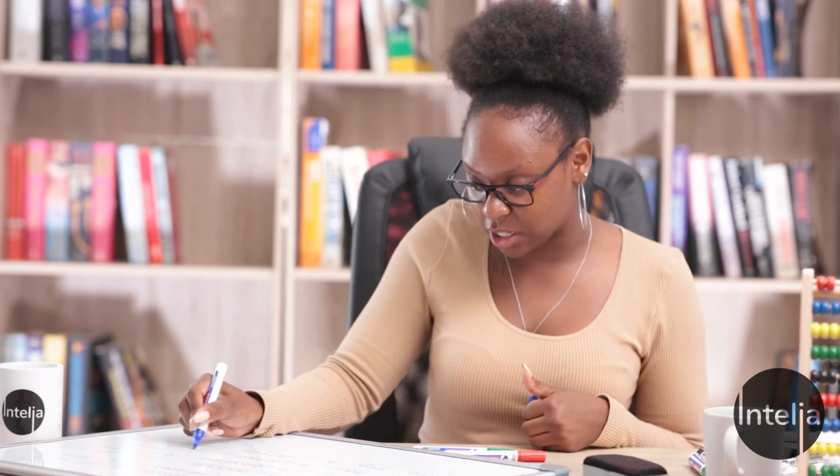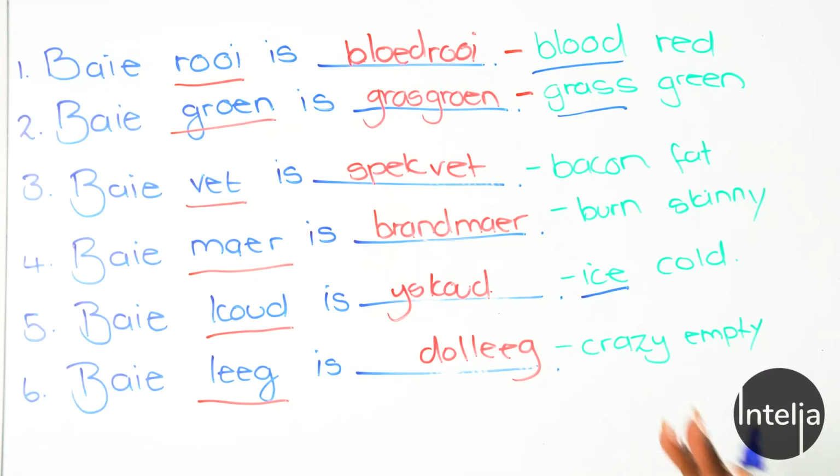Brandmaar is not a good example of that, but yskoud is ice cold. We associate ice, Arctic, with freezing temperatures below 0. So if you're saying you can be cold or you can be ice cold, there's a huge difference. And then mal leeg, mal dom, it's just a play on words and exaggeration.